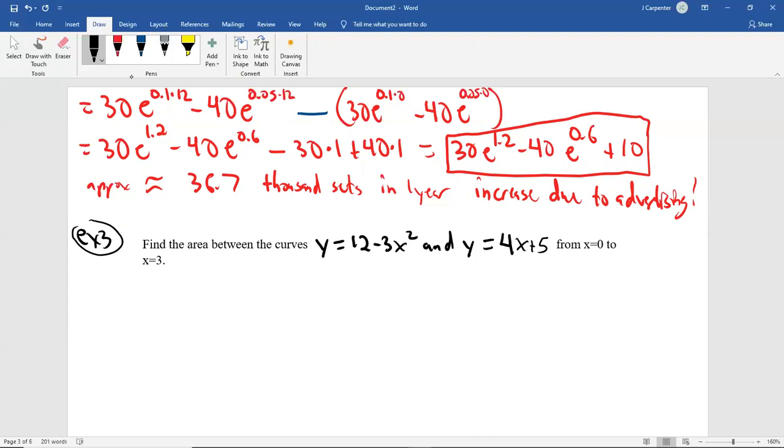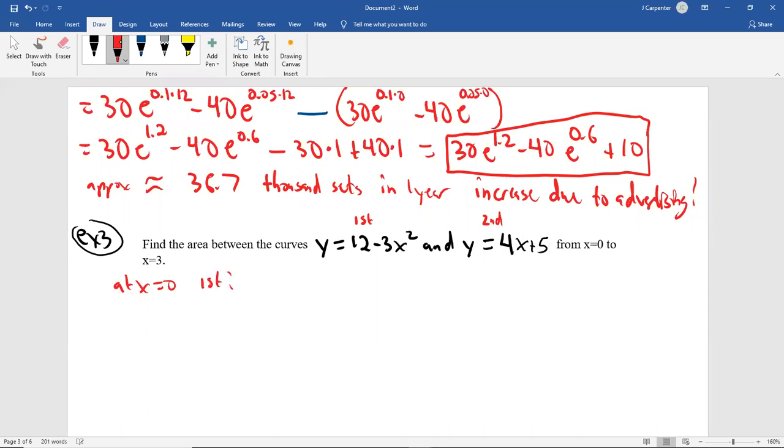So let's do the end points. If you want to go back and label these as F and G, you can. But I'm going to leave them unlabeled just because not everything is labeled as a function. So at x equals 0, I'll just call them the first and the second instead.